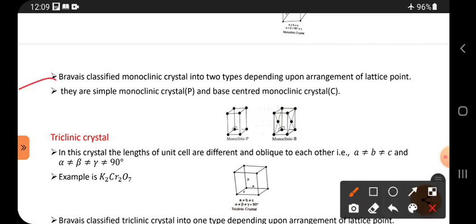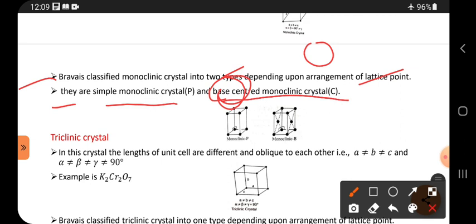Bravais classified the monoclinic crystal into two types depending upon the arrangement of lattice points. They are the simple monoclinic crystal and the base centered monoclinic crystal. The word base centered has repeated; this is the second time only. The first time was in orthorhombic and the second time is in monoclinic only.